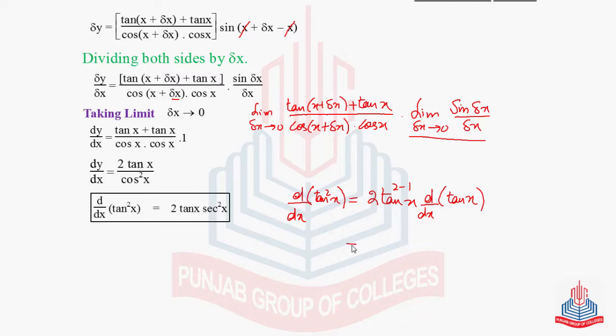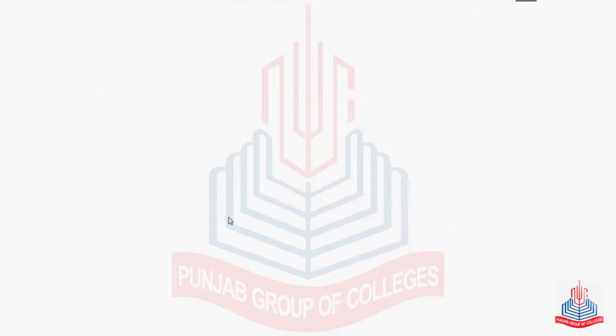So this is 2 tangent x, and the derivative of tangent x, as we proved in our basic formula, will become secant square x. So this is actually the verified result: the derivative of tan square x will become 2 tangent x into secant square x. Now the next part is differentiation of square root of tangent x.